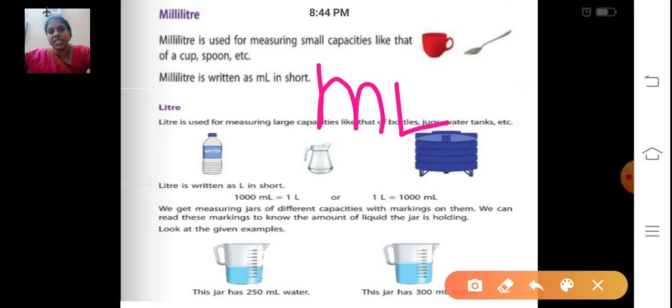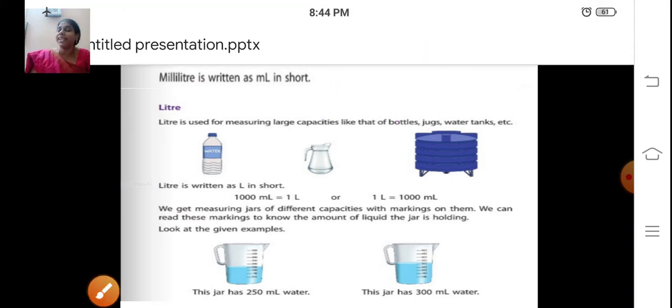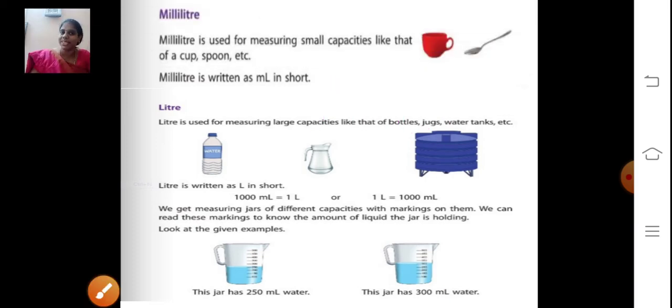Next we'll see about liter. Milliliter is used to measure small capacity. And what about liters? It is the same as grams and kilograms, this is milliliters and liters. This represents how much amount of liquid the container can hold.